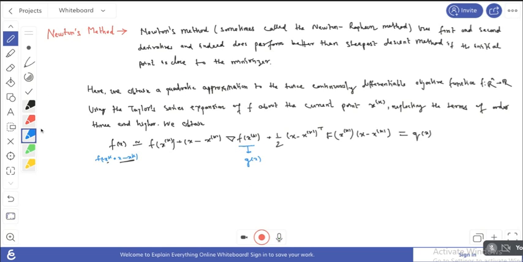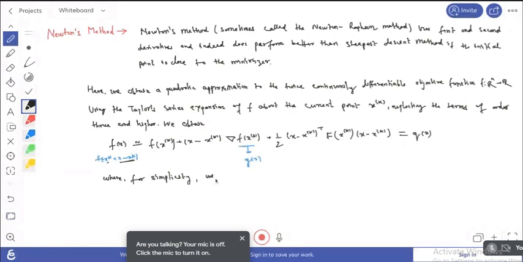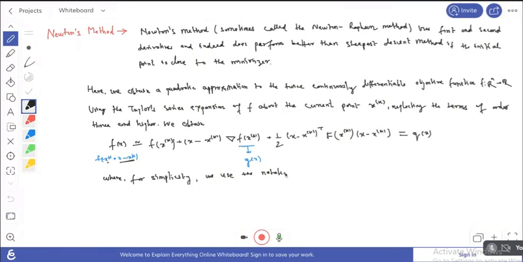For simplicity we use the notation: this is known as xk, and the gradient is known as gk.